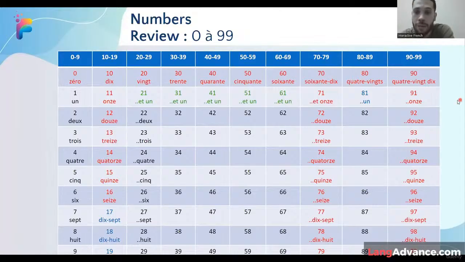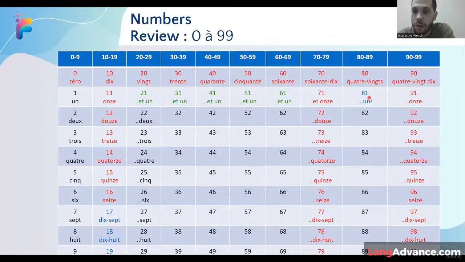And there we have them all, right? The numbers from 0 to 99. So yeah, again, remember when you say 21, 31, 41, 51, 61, remember the E and un, right? So for the 1, we always have the E in there. We also have the E in 71, and that's it.